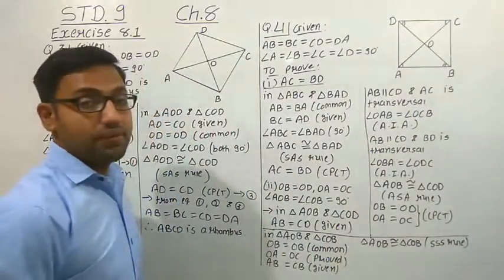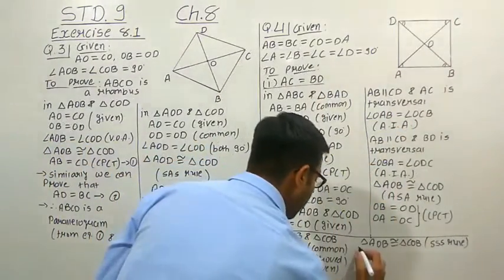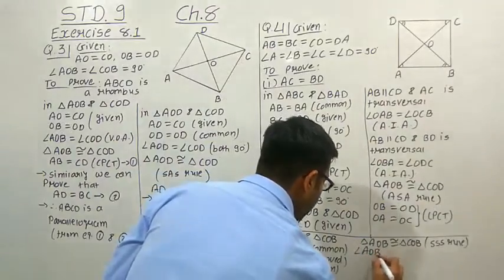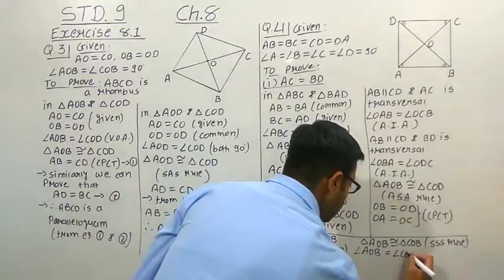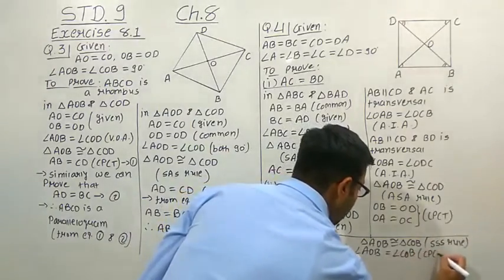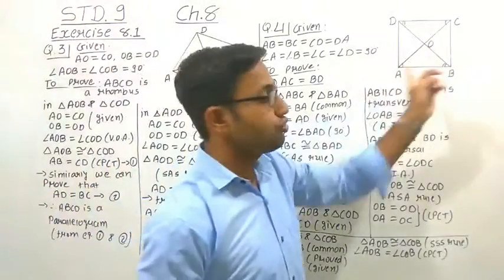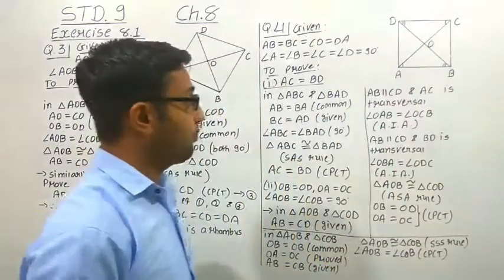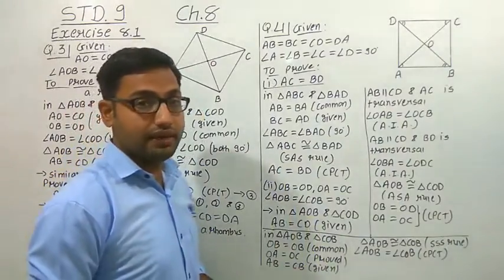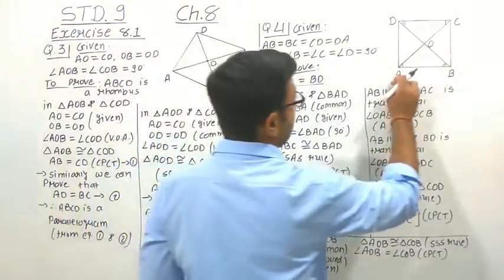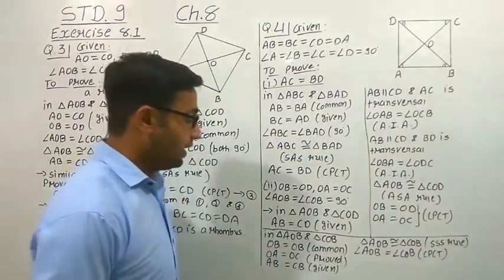So now their corresponding parts are also equal. So angle AOB and angle COB are equal, by CPCT. We can see that these two angles are also making a linear pair, so the addition of both these angles will become 180 degrees. So angle AOB plus angle COB is equal to 180 degrees.